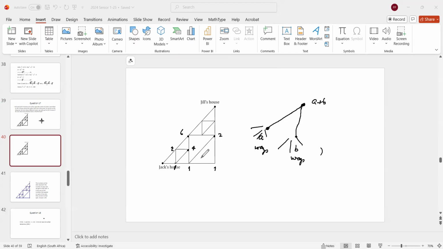And to get to this, there's no road here. So the only way you can get to this is from here. So this is still 6 here.